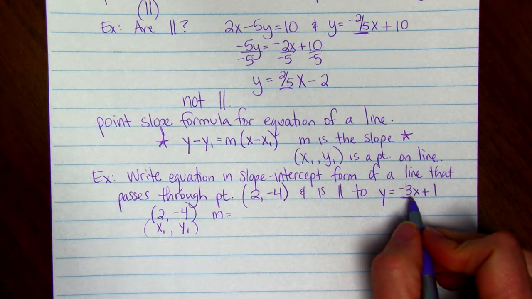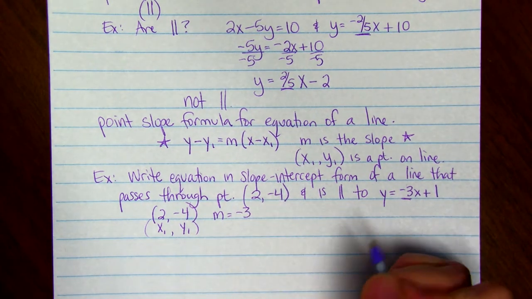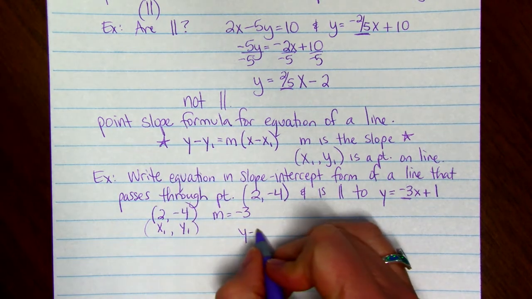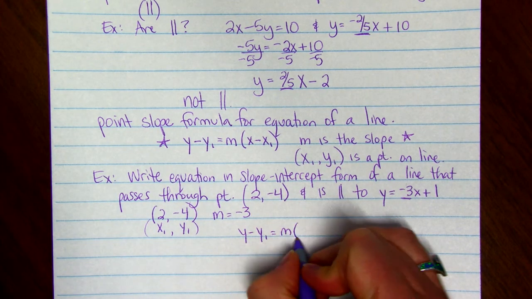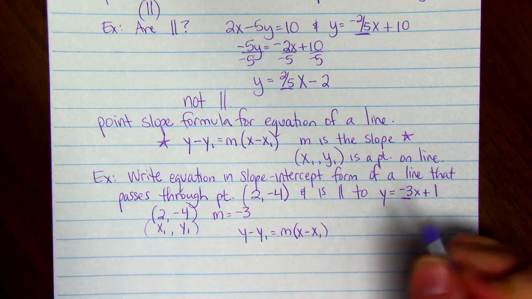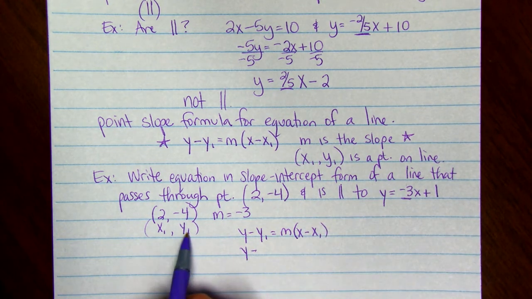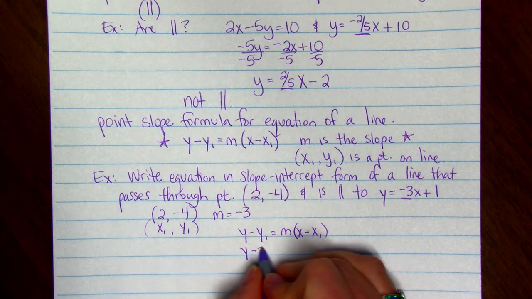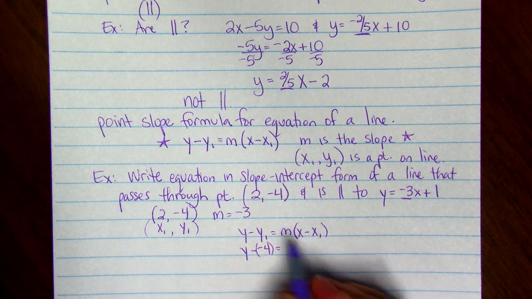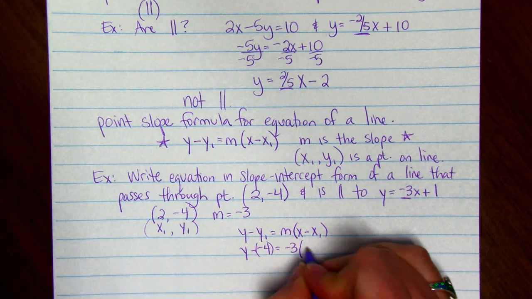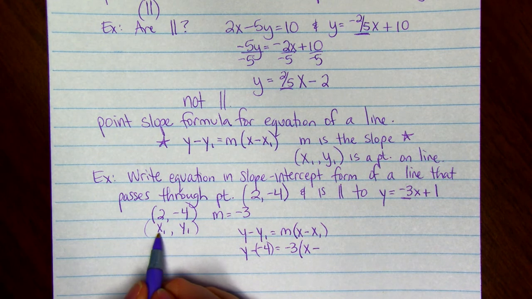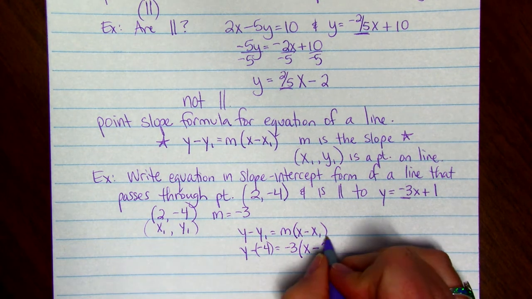So the slope is negative 3. Then we use this formula, y minus y sub 1 equals m times x minus x sub 1. So we have y minus negative 4 equals negative 3 times x minus 2.